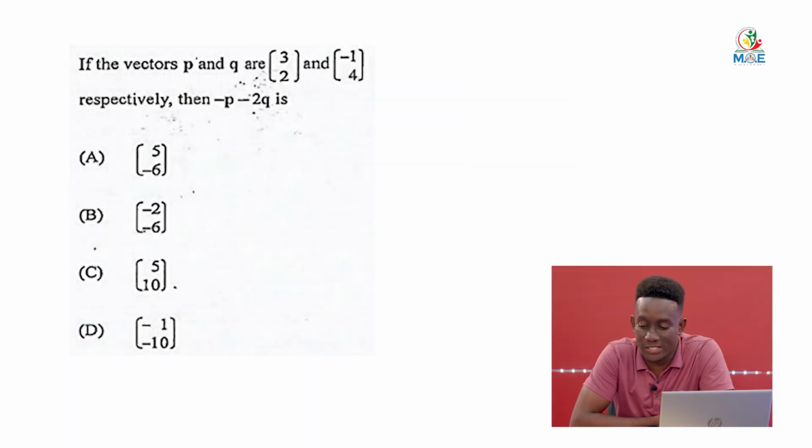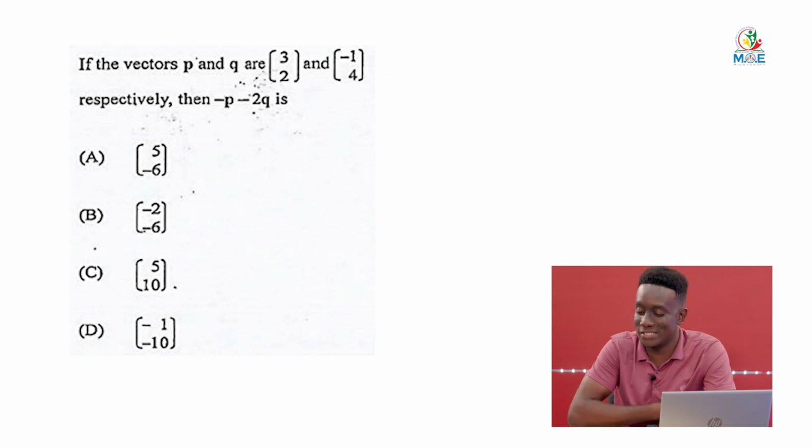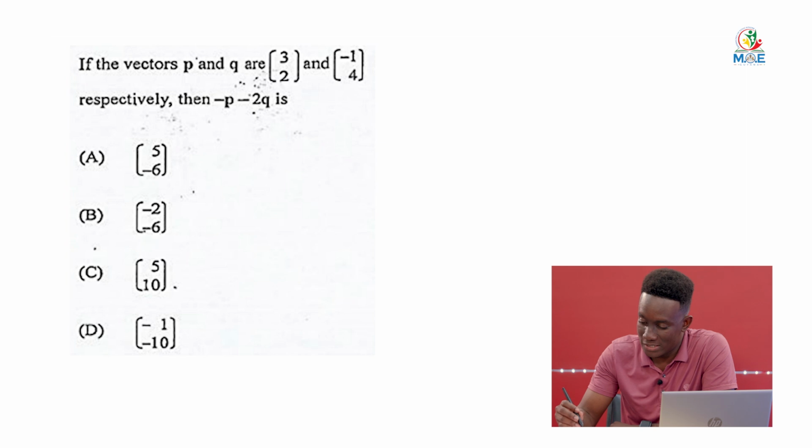So the next question says, if the vectors p and q are 3, 2 and negative 1, 4 respectively, then negative p minus 2q is... So we know p is this here, so this will be negative p.